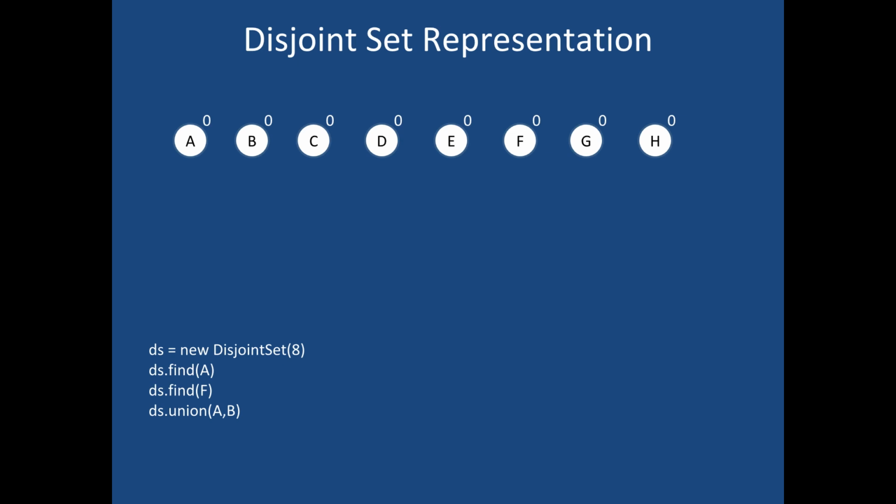You'll see why shortly. So take the union of two things. You start at A, so you do a find on A, you do a find on B, and then you have one root point to the other root. And those numbers are ranks. They give the depths of the trees. And when you're taking a union of two roots, you want to have the root that is in a shallower tree point to the deeper tree.